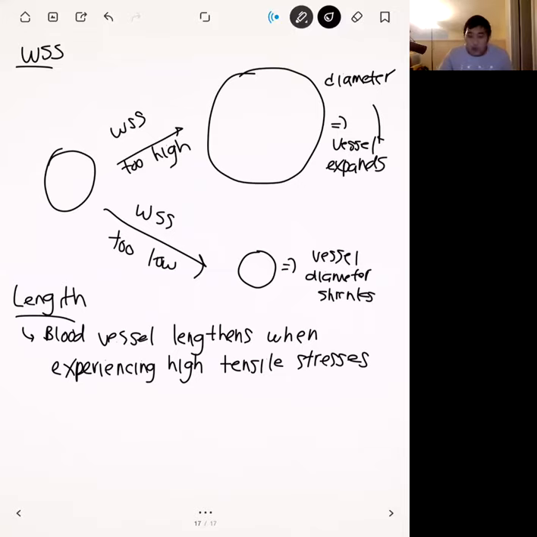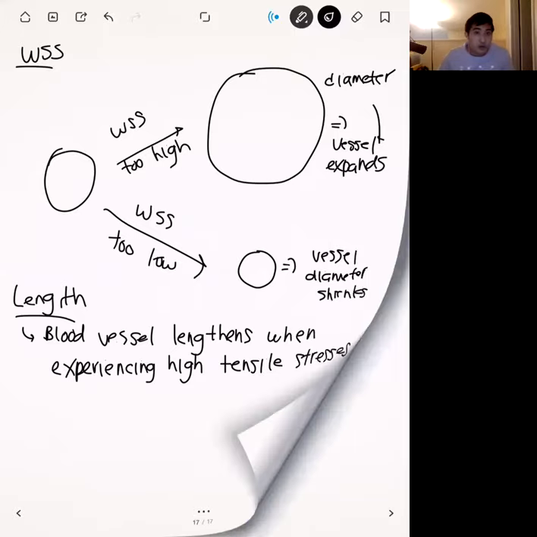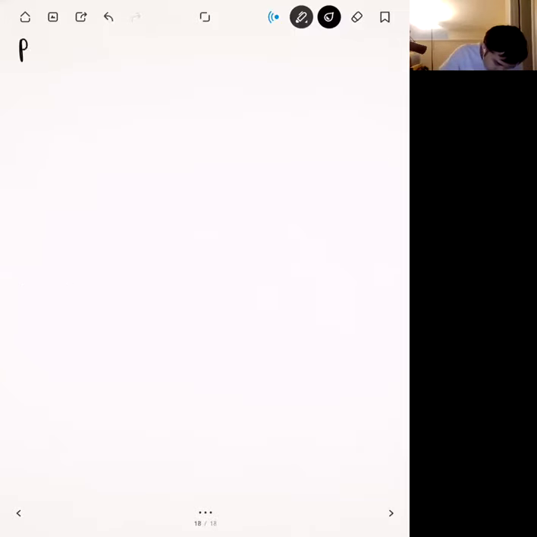And so the last one that we talked about was the response to pressure. Pressure, remember, puts out a normal force on the vessel wall.